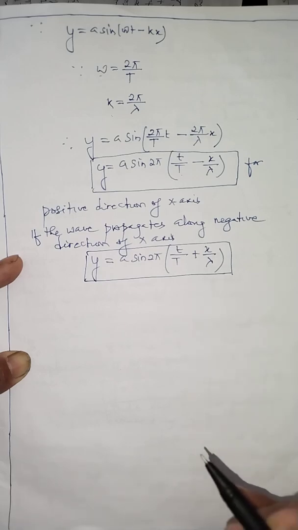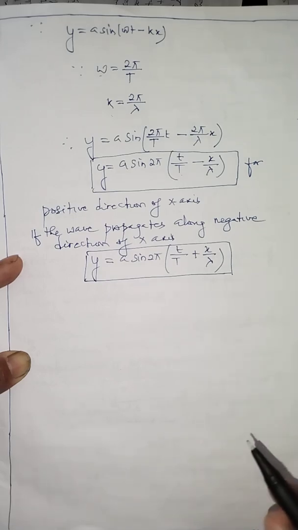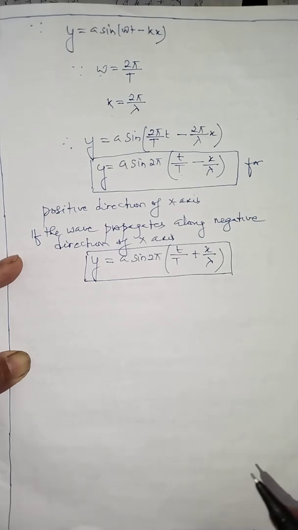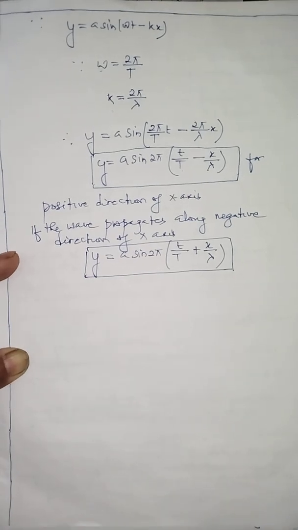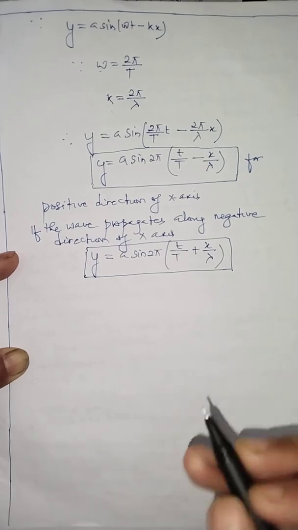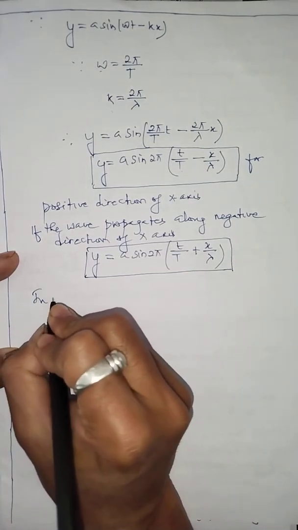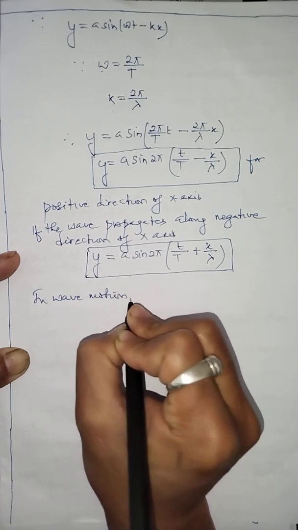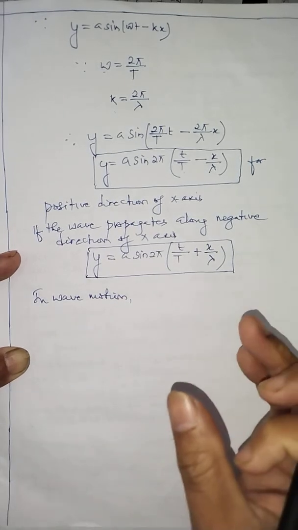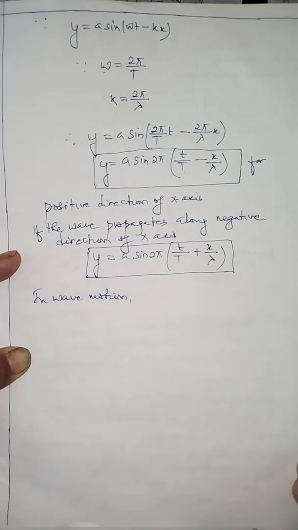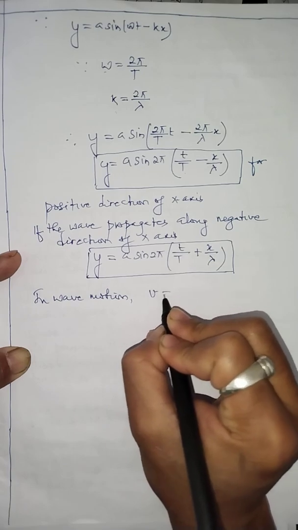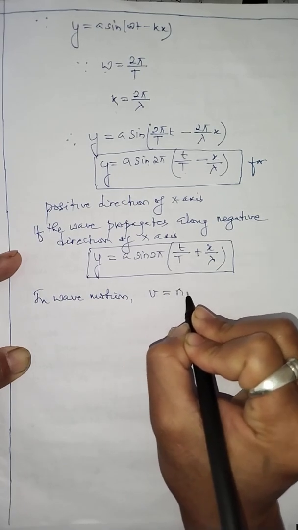Now we write the relation again, but in terms of the speed or velocity of the wave. We know, children, that in wave motion the three parameters, frequency, speed, and wavelength, are always interrelated. The relation we have already derived is speed v equals frequency n into lambda.